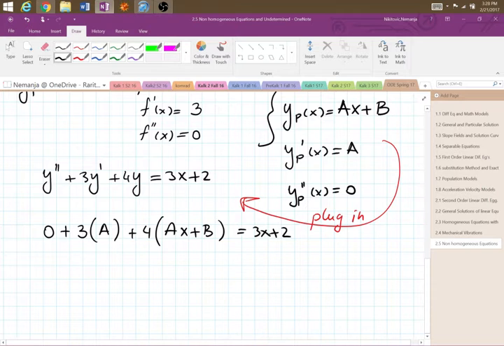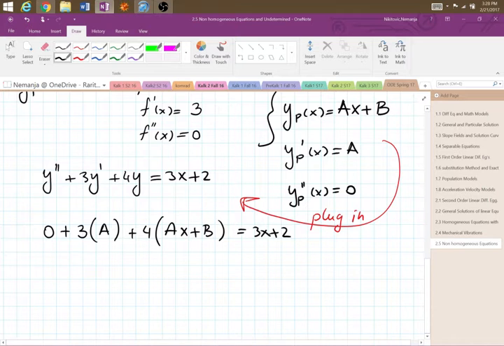Once these guys are in the differential equation, the y double prime is 0. Then y prime is a, so 3a. And then y, just the function, is ax plus b, so 4 times ax plus b. Now you will put it all together. Make sure that you don't add these, because this is 4ax and this is just 3a, so they are not the same.